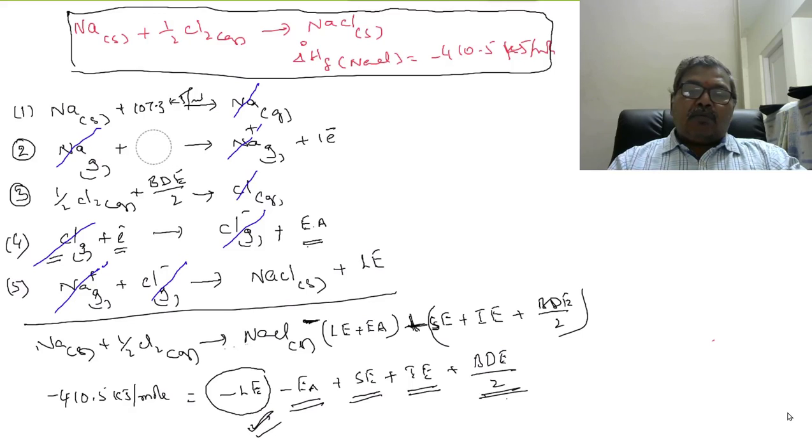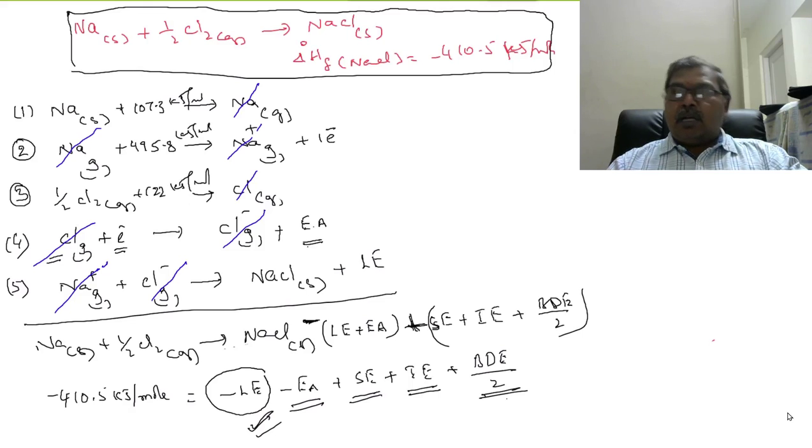Ionization energy, or ionization potential, of sodium is 495.8 kilojoules per mole. And half of the bond dissociation energy is plus 122 kilojoules per mole.